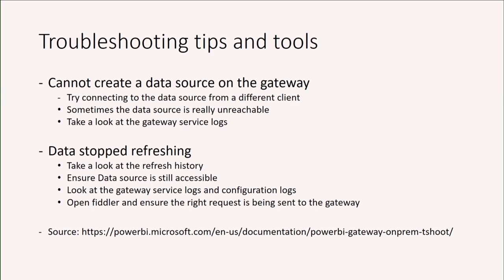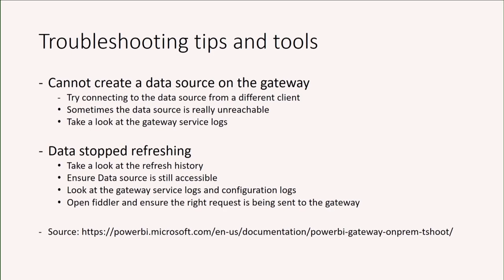The first one: if you cannot create a data source on the gateway, the first option, which we always recommend, is to try to connect through a different data source. It might be that your data source is down, or the table name or database name you have is no longer valid, so make sure you verify that. The other thing is that it could be unreachable or offline. It could be your gateway is offline at the moment you're trying to reach it.